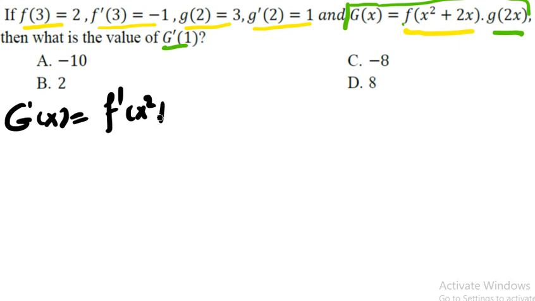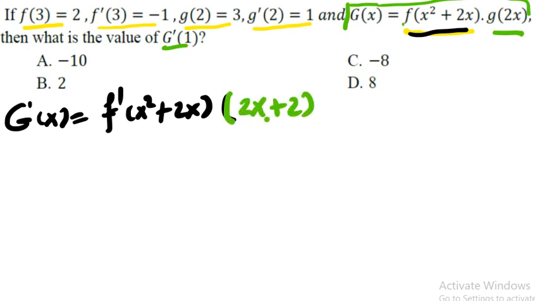f derivative of x squared plus 2x. First of all, the outer derivative, then by the chain rule, still on f, times the inner derivative. What is the derivative of the inner function here? x squared derivative is 2x, and plus 2.